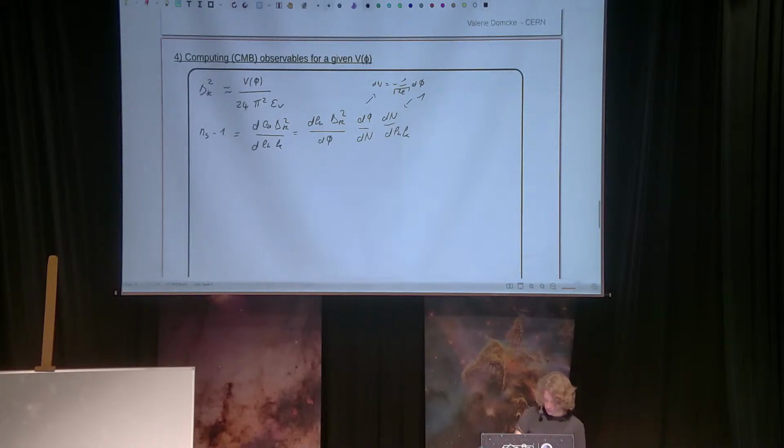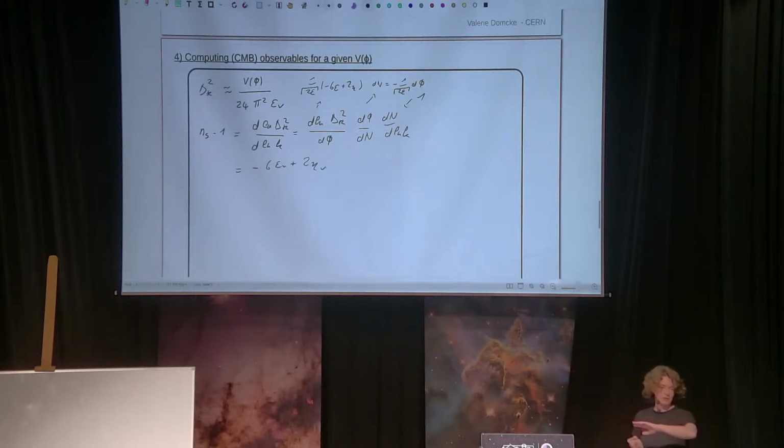For this one, you have to work a little bit, but you can show that this is 1 over 2 epsilon times minus 6 epsilon plus 2 eta. So when you plug all that together, you get minus 6 epsilon plus 2 eta, where the epsilon and the eta are always the potential slow-roll parameters.